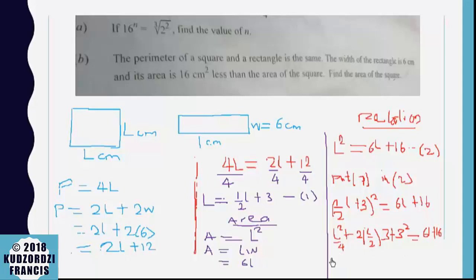Now let's simplify this. We are going to get L squared over 4, then plus 3L, then plus 9 is equal to 6L plus 16.